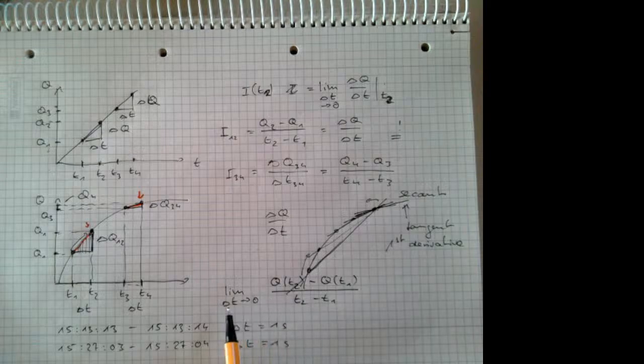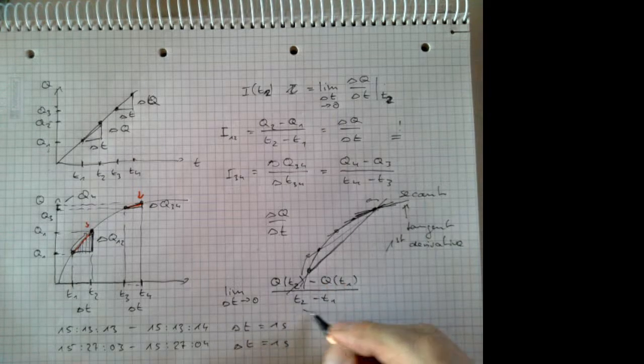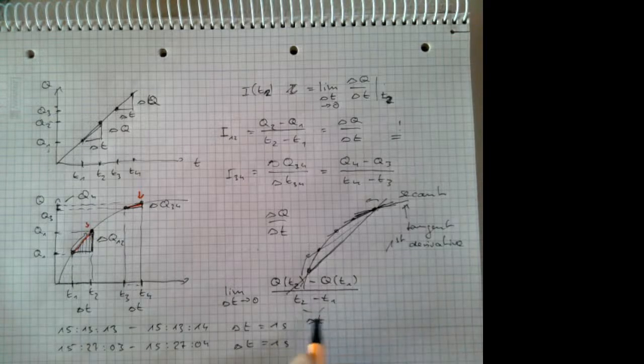And now I can decide delta t is the distance between them, right? So I can say this is basically delta t. So I can let T1 approach T2 or T2 approach T1, right?